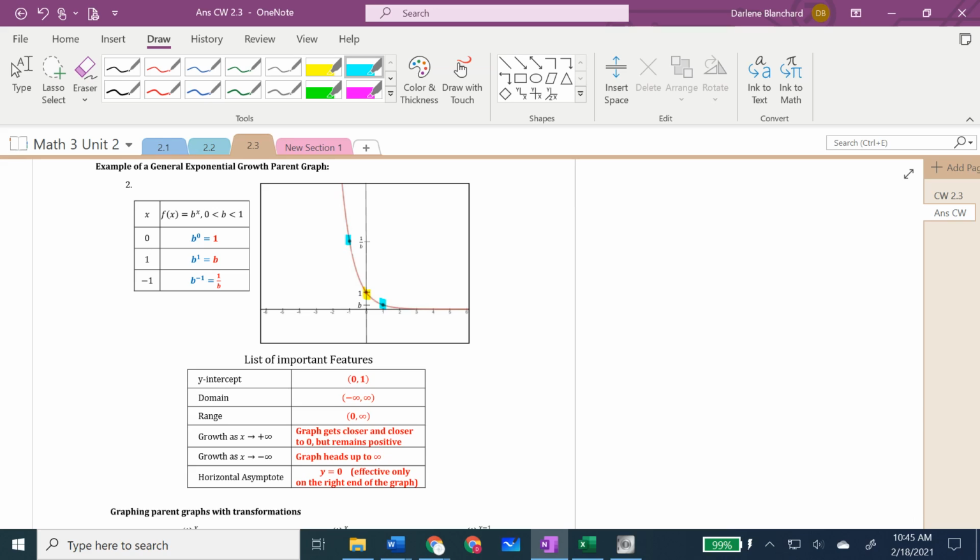That 1 over b, for example, if it's 1/3 to the x, 1 over 1/3 is 3.